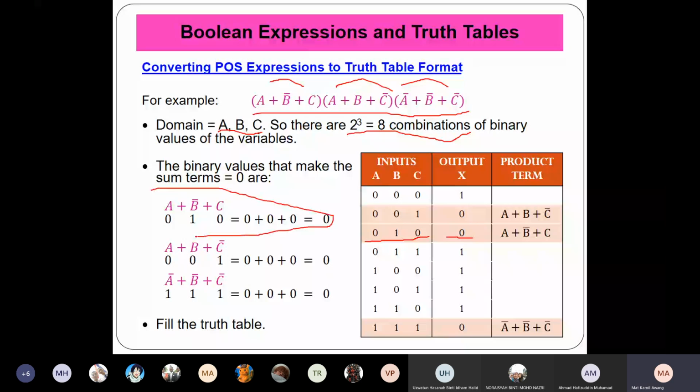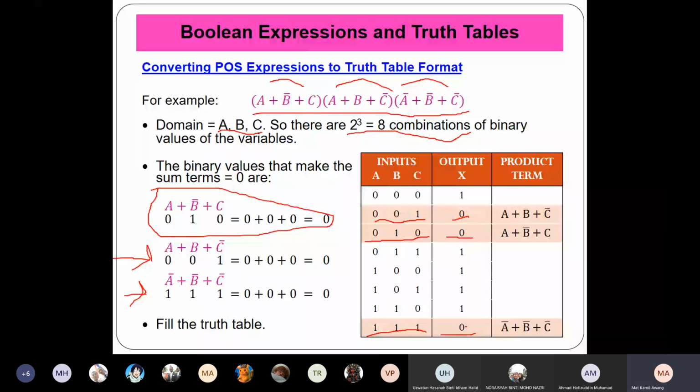The second one is 0, 0, 1. And the third one is 1, 1, 1. So this is the truth table. The rest, you fill out with a 1.